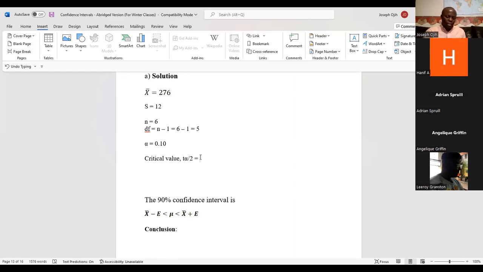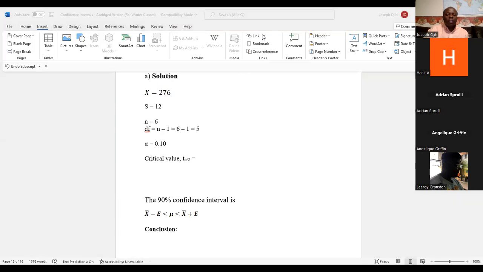So let me write these things down. We can get T alpha over 2 right from the table. It's called a critical value. The degree of freedom is 5, alpha is 10. We go to the table.